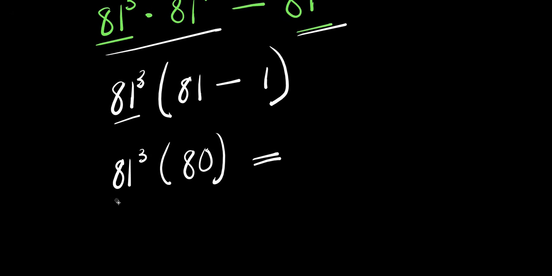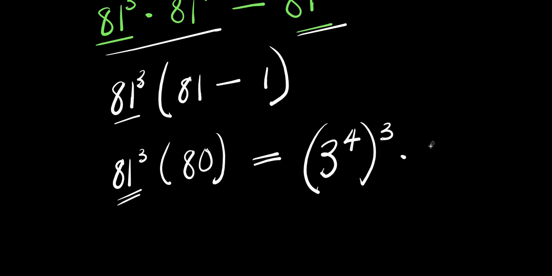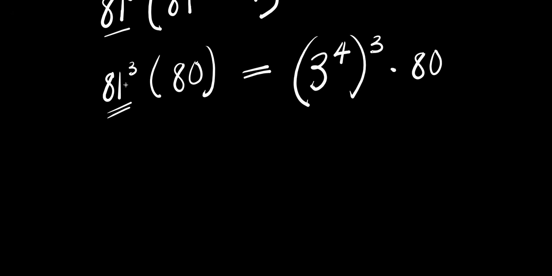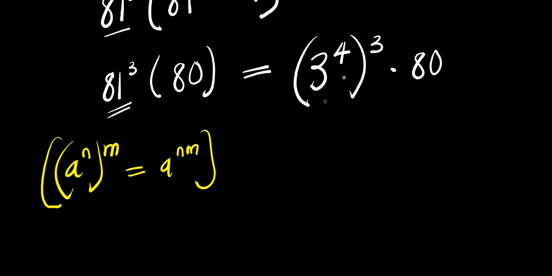And this equals, remember, 81 is 3 power 4. I have 3 power 4 raised to the power of 3 times 80. So from here, if you have a power n raised to the power of m equals a power n times m, so I multiply this exponent.